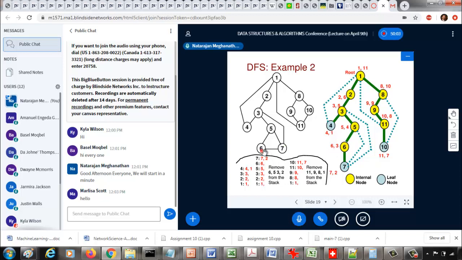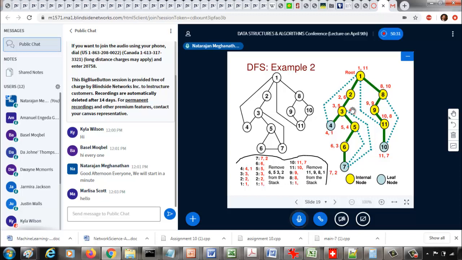And from 6 we go further down if possible. We can go to 7, that is not yet visited. So 7 is the seventh vertex to be pushed to the stack. Now call that edge between 6 and 7 a tree edge, because we use that to visit 7 for the first time. So now from 7 we try to go further down to an unvisited vertex, but we cannot go to a new vertex because this edge to 5, now 5 is already visited.